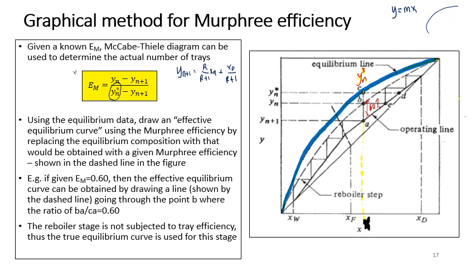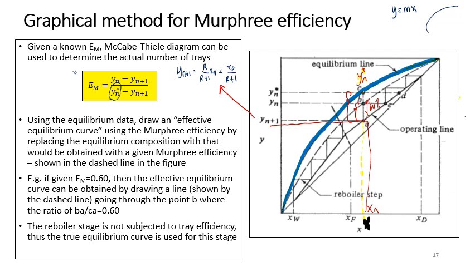So you can draw a line going through the point B where the ratio of this to this is 60%. If this is xn, you will get yn plus 1 based on the operating line equation.